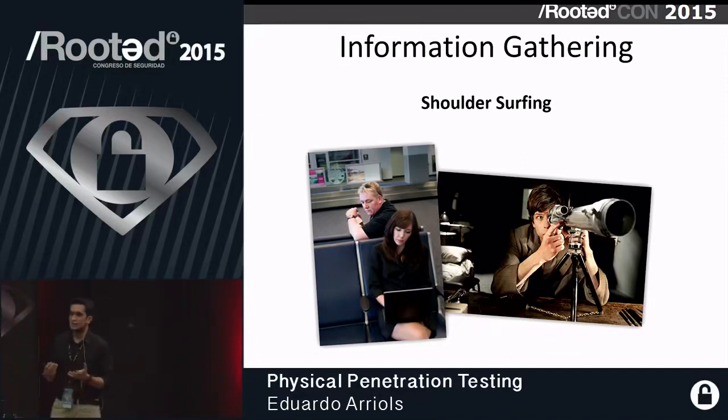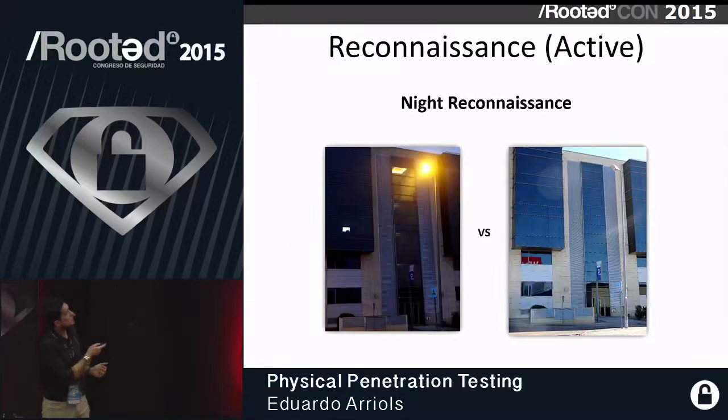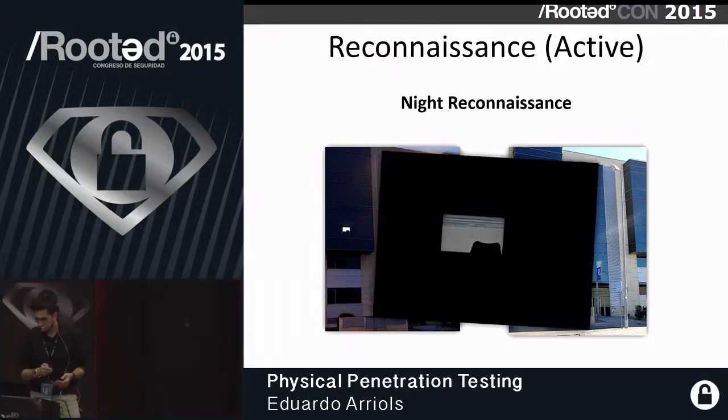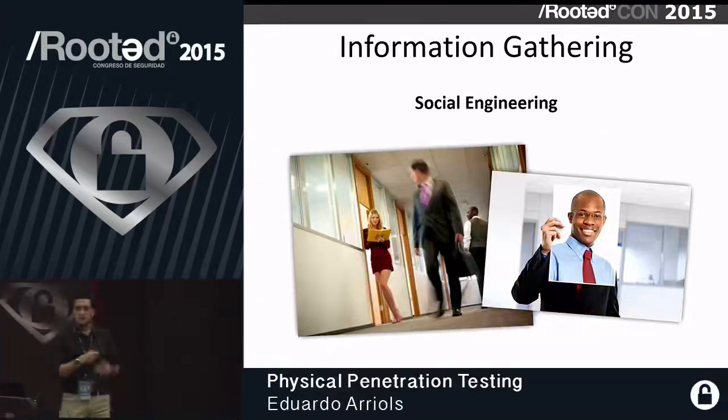This man here looks like he's in a movie, but you could do it. For instance, you can use a telescope or zoom lenses, and you can check on that person from a distance. Imagine that there is someone at work. You just wear your binoculars and you could see everything that this person is doing.